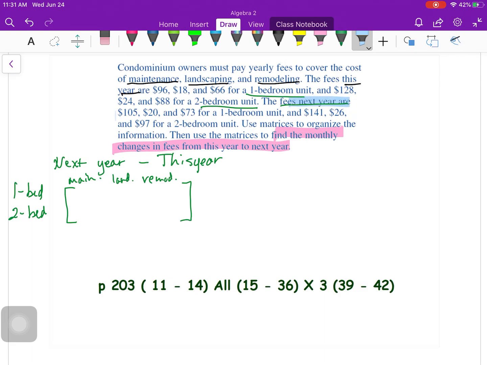So next year is on the bottom here. 105, 20, 73. And 2-bedroom, 141, 26, and 97.